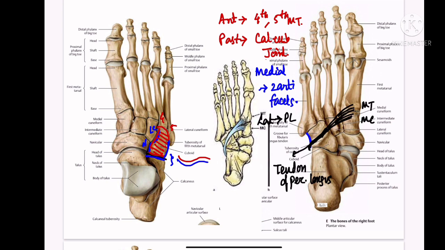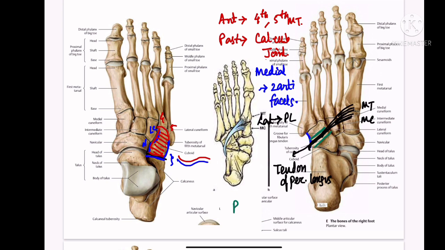Now, what about the plantar surface? That is important. Here you can see the plantar surface or the inferior surface presents an oblique groove. As I have already told you, this oblique groove lodges the tendon of peroneus longus.